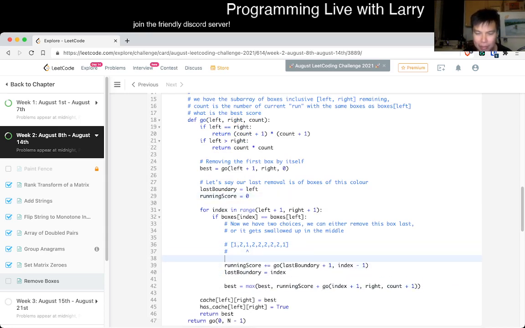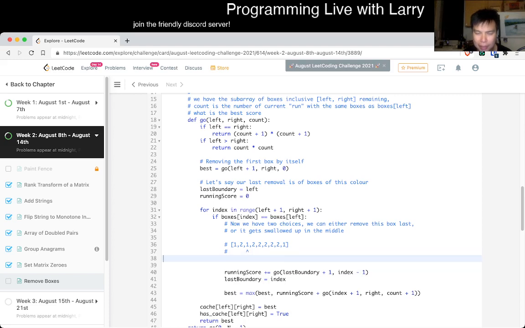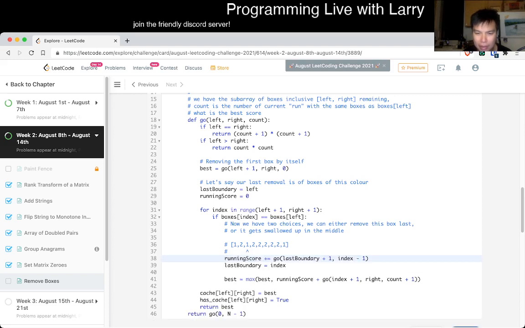Okay, what happens if we keep the box? If we keep the box, then we do this. Well, we don't need the running score anymore. We can just... Wait, do we? Well, we could do a recursion.